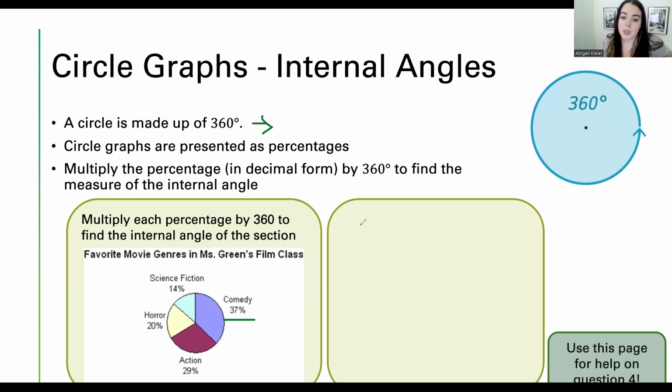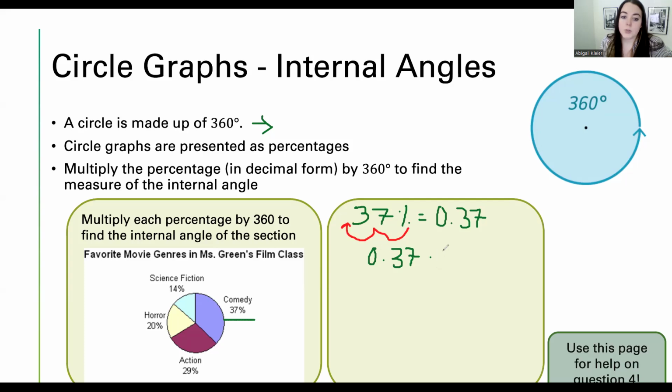So let's start with comedy. Comedy is 37%. We are going to convert 37% to a decimal. In order to convert to a decimal, you can either divide by 100, or you can move that decimal point 2 times. It does the same thing. Now that we've converted that to a decimal, we have 0.37.